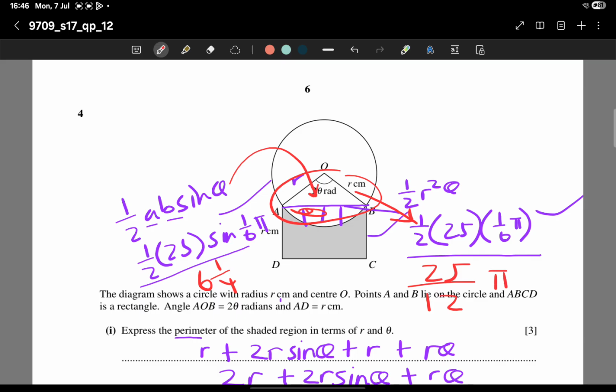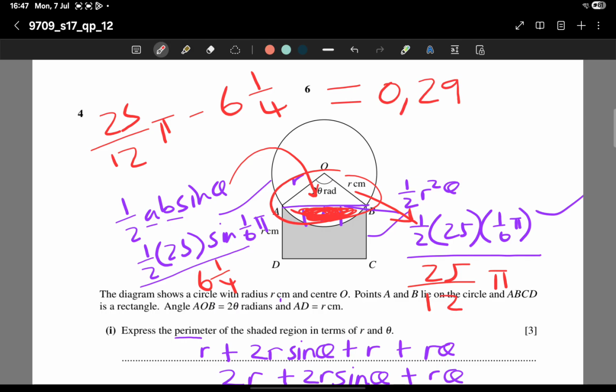So for us to get the area of this part, which I'm shading just now, it is just 25 over 12 pi minus 6 and a quarter, which is 0.295, right? That's the area of this small region, right?